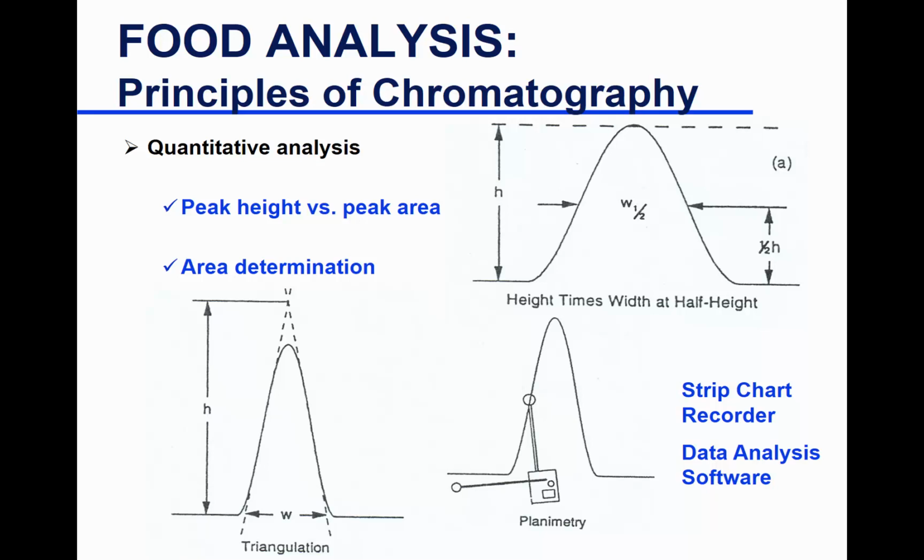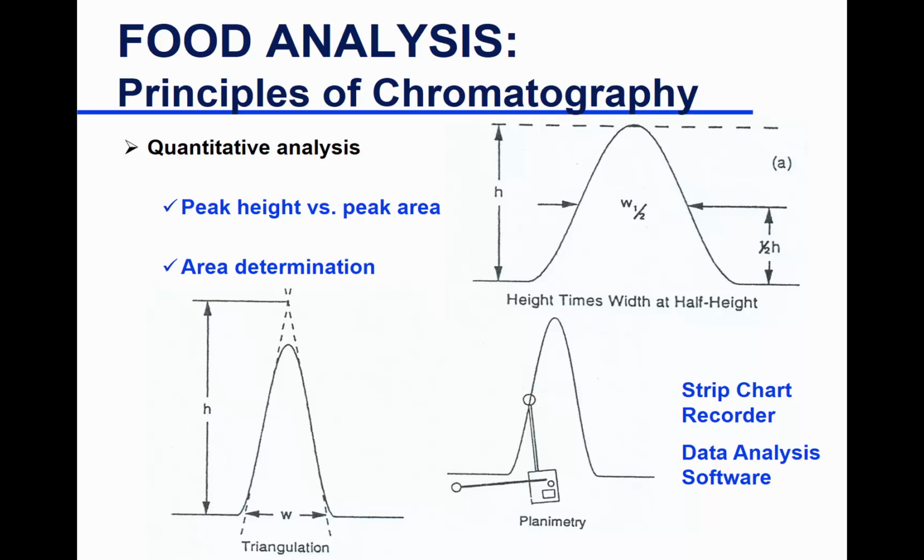The height is impacted by resolution and the selectivity of the column and the capacity of the column and so many different factors. Whereas the area, no. You will always have the same area unless something's wrong with your detector. So that's why we always go with area under the curve, and there are programs that will generate the area under the curve for you.